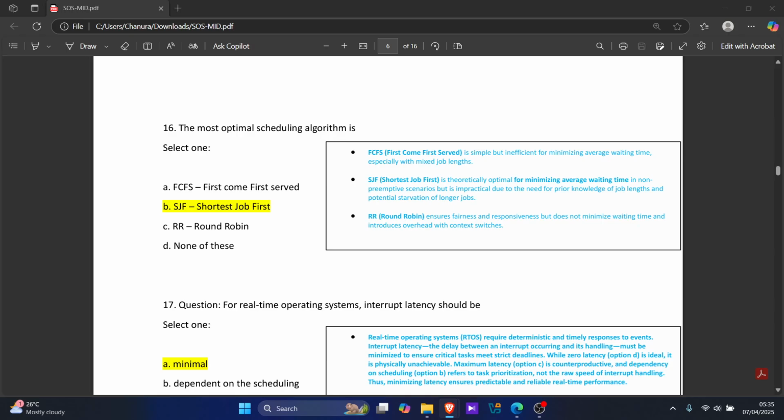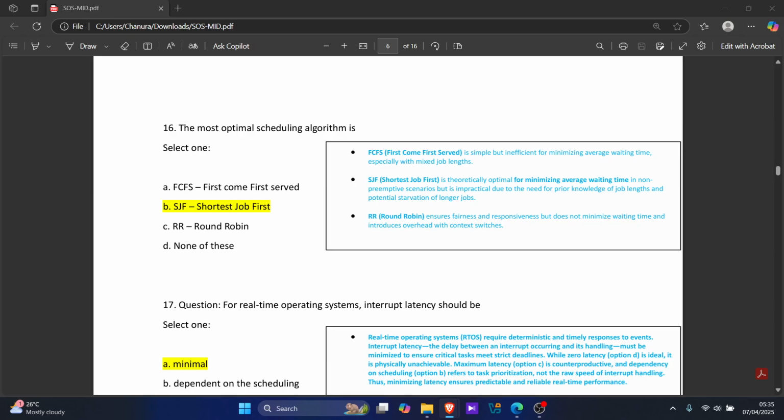So maybe the question is implying that since in reality, you can't know the burst times, none of the algorithms listed can be optimal. But the question is phrased as the most optimal scheduling algorithm, not considering practicality. So, in theory, SJF is optimal. But perhaps the answer is none because the actual optimal algorithm is SRTF, which isn't listed here.